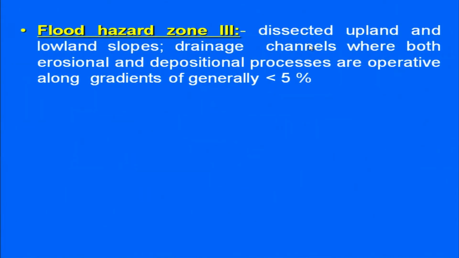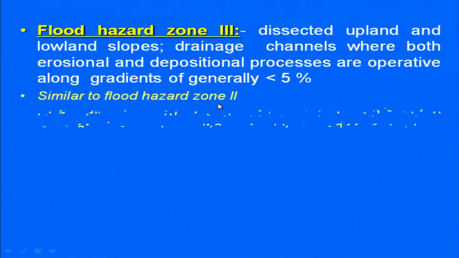Then zone 3, these are basically the dissected uplands and the lowland slopes, drainage channels where both erosion and deposition processes are operative along a gradient of generally less than 5%. Similar norms should be adopted as for zone 2.